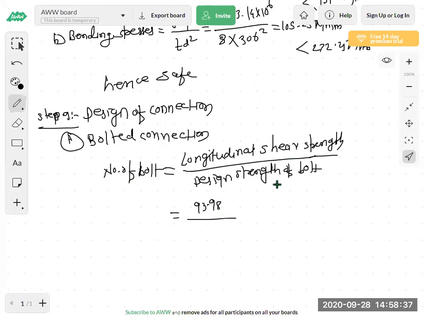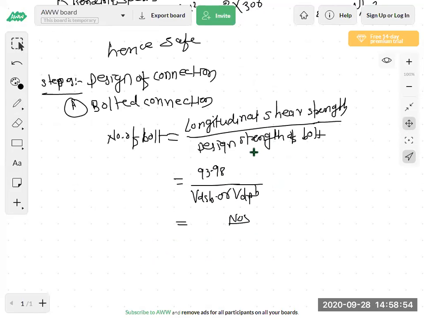So we have to put here the design strength. So it will be VDSB or VDPB, one of the two. And so we will get the number. So calculate number of bolts in this way.